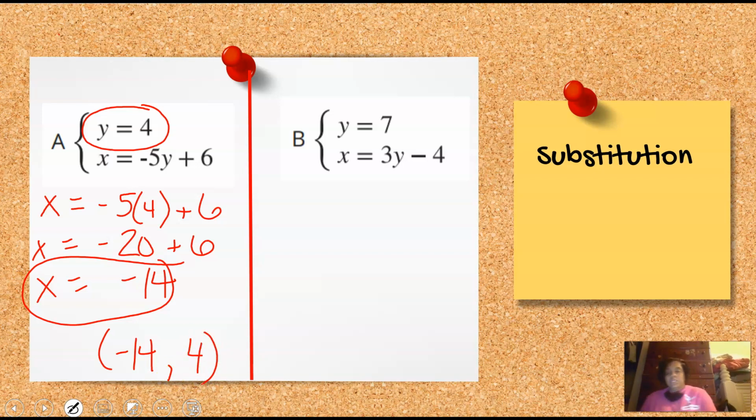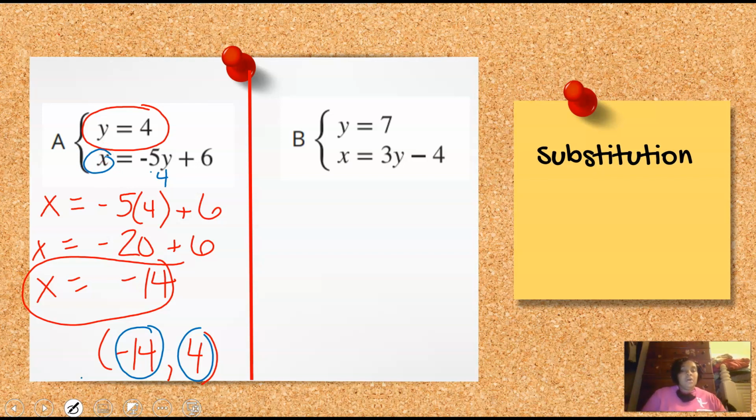And if you want to double check your work, and I always tell you, check if you're unsure, just take your numbers and plug them in. So I could take 4 and plug it in for y here. So -5 times 4 is -20 plus 6. That gives me -14. If the x is -14, that means my answer is correct.